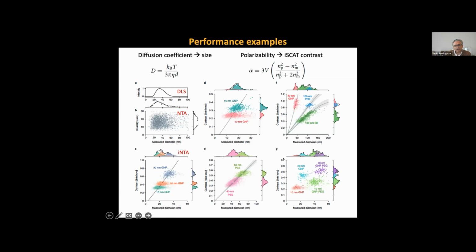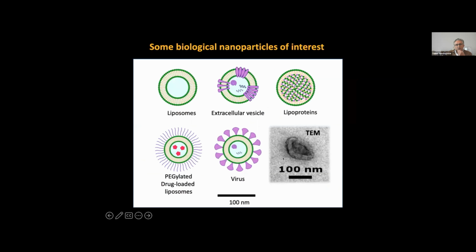This is right now very exciting because there is a lot of interest also in biology of detecting small nanoparticles. By now, everyone knows that it's important to detect viruses, but a field that is particularly exciting and active right now is detecting extracellular vesicles, the so-called EVs, because they're hypothesized to be good disease markers.